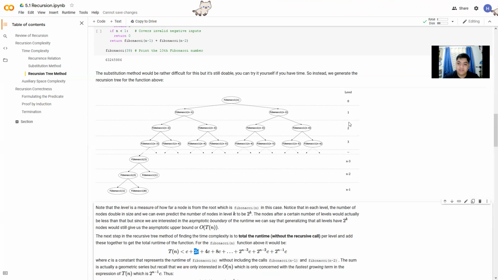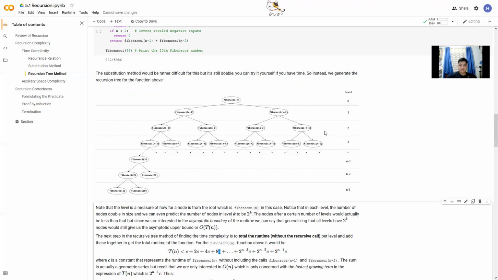And then for level 2, we have 4C. For level 3, we have 8C. And then as we go on and on, you see that the number of calls per level is double that of the previous level.